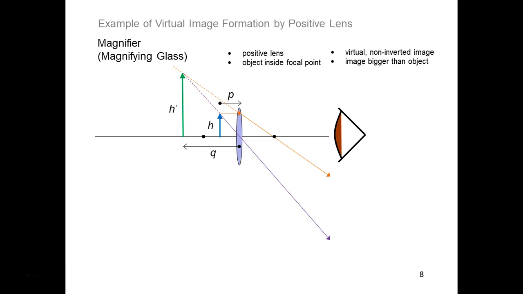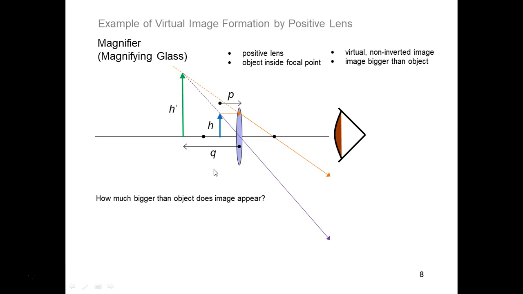So you do get a real image formed on your retina, but your brain interprets that to be this virtual image. So it's not like super magic is happening and these rays are diverging and somehow you see this virtual image. The rays actually do get focused by the cornea and lens combination onto your retina and form a real image.